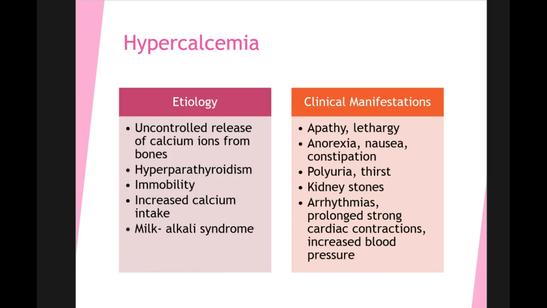Now, if the cause is due to increased intake of calcium, then of course you won't have that problem. The other thing is increased circulating serum calcium can also lead to kidney stones in the urinary system.